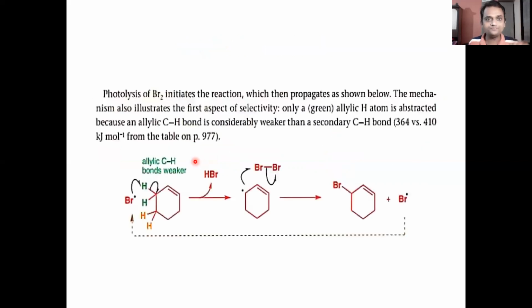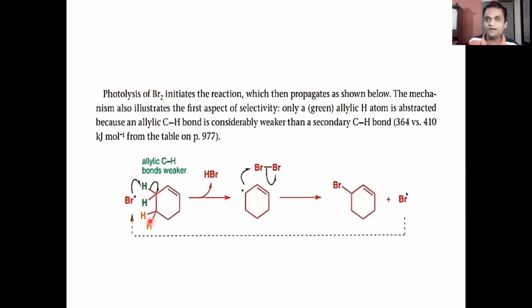Now see how. If we consider this reaction, photolysis of bromine initiates the reaction, which then propagates as shown below. The mechanism also illustrates the first aspect of selectivity. This is the carbon-carbon double bond, and this is the allylic carbon atom. These two hydrogens, shown in green, are allylic, and these two hydrogen atoms are on a secondary carbon.